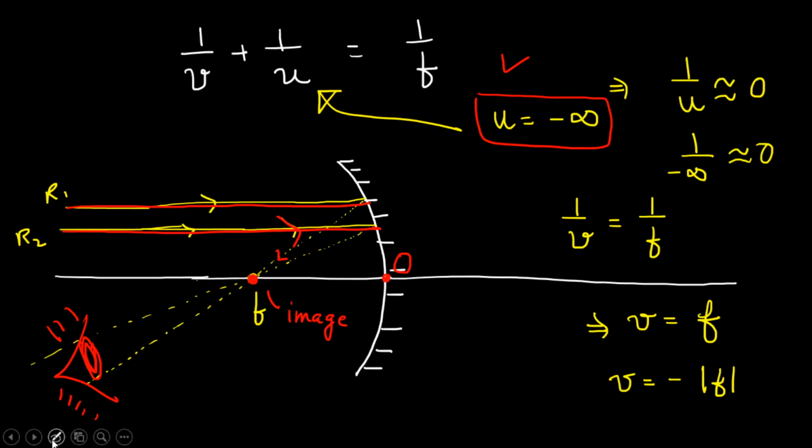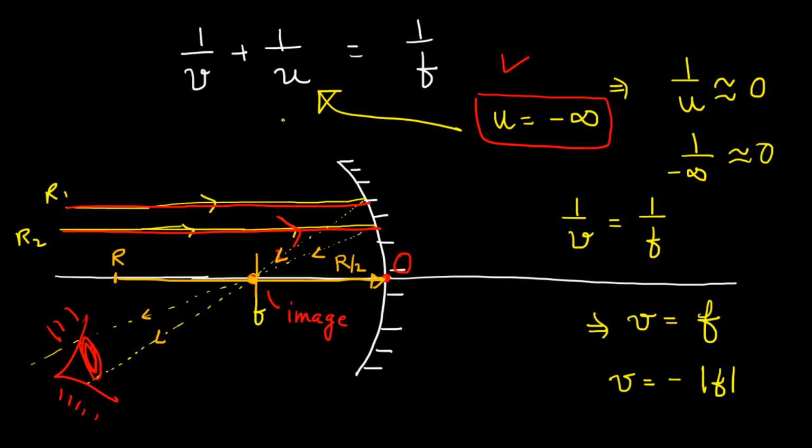So basically we got a prediction of the reflected ray and the fact that it passes through the focus. And what is the focus? You take the radius first. This whole thing is the radius and half of the radius. So can I write it as r by 2? That's the place where the focal length is.